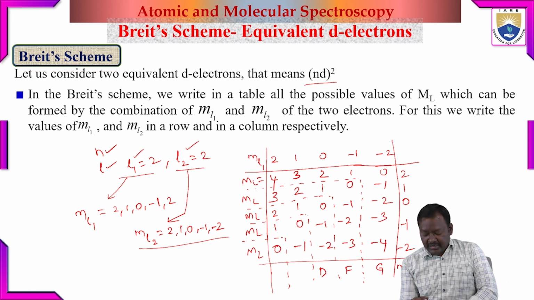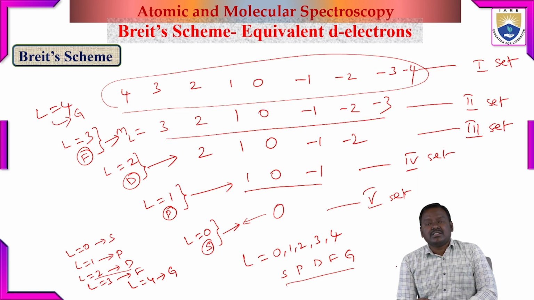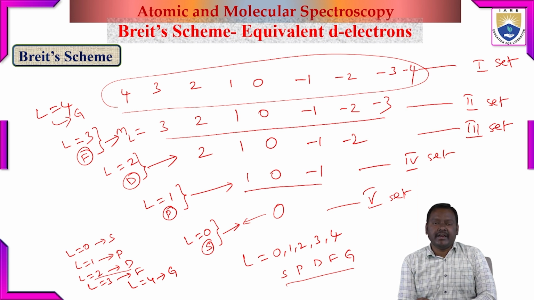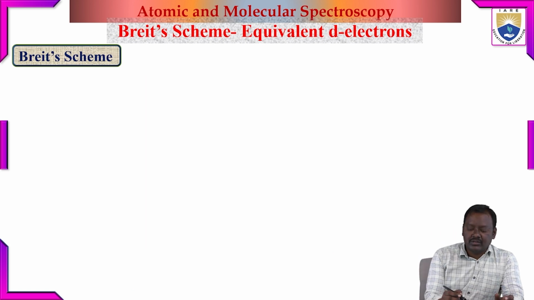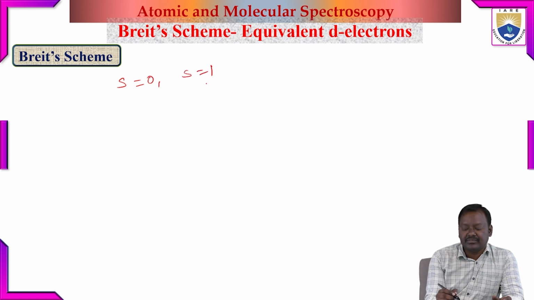So these are the combinations, and these combinations we can take whenever two electrons in the atom can have two s values. So whenever two electrons combine, the s value can be either 0 or 1.